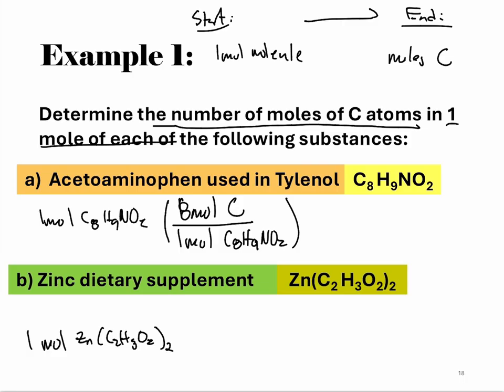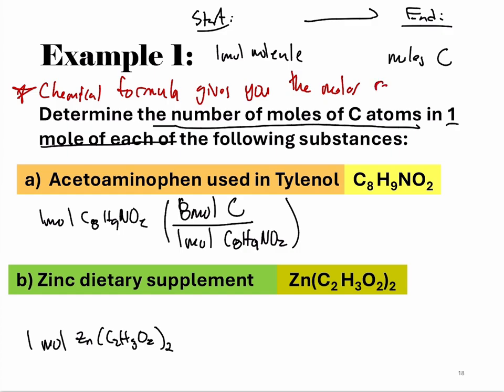So again, the chemical formula gives you the molar ratio. And that's what we'll call this conversion between moles of one substance to moles of another.